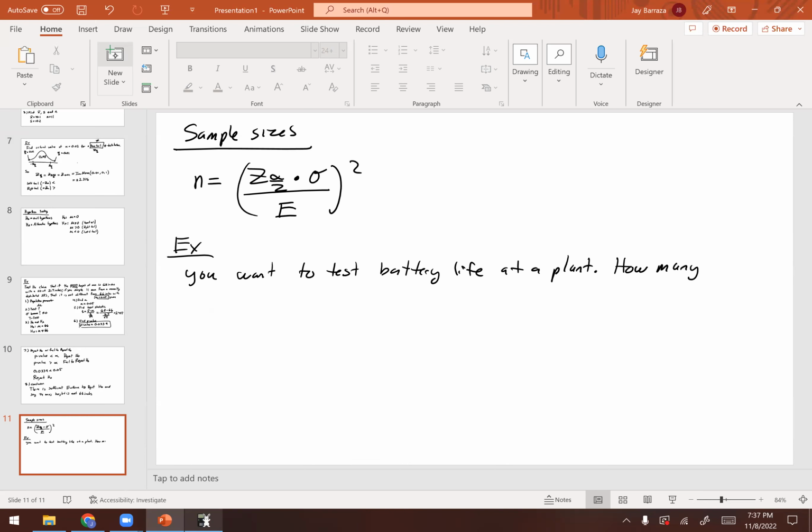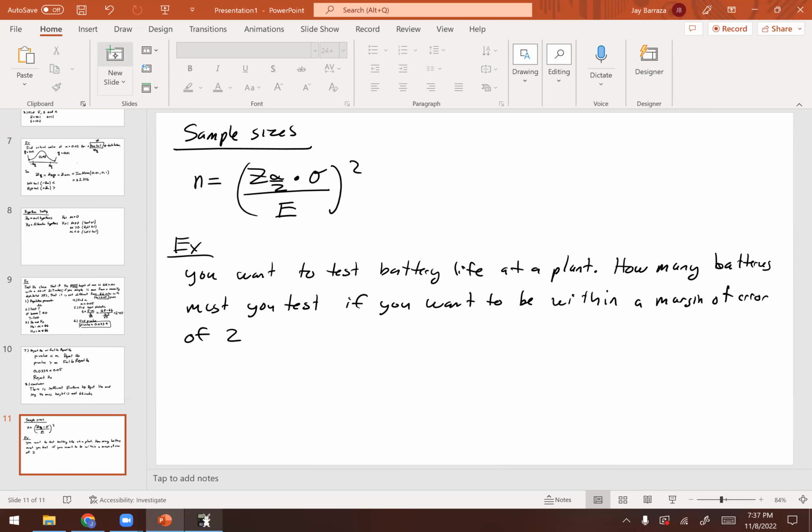How many batteries must you test if you want to be within a margin of error of 2 and a standard deviation of 5.4 and confidence level of 99%.